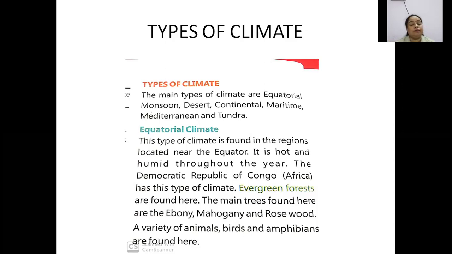There are various types of climate. The main types of climate are equatorial climate, monsoon climate, desert climate, continental climate, maritime climate, Mediterranean type of climate, and tundra type of climate.